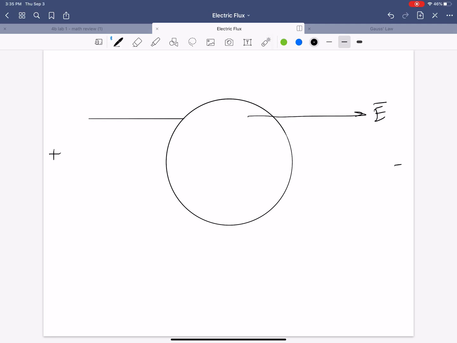Another one goes through the equator, like that. Another one may come in the foreground, maybe like that, and then a fourth one skims along just the bottom, just barely tangent to the bottom surface, or the bottom point, if you will.